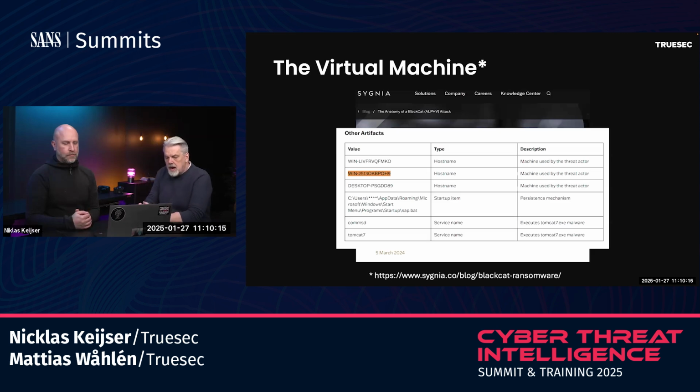And if we look at the IOCs provided there, we notice that yes, this exact machine name, this host name, was used in a BlackCat attack. So this machine was used in a BlackCat attack in November, and then it appeared in a Cicada attack. Getting interesting. There's definitely a link here.